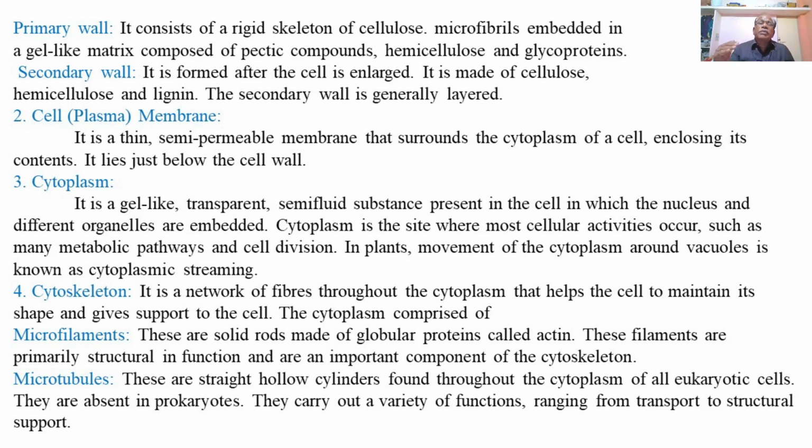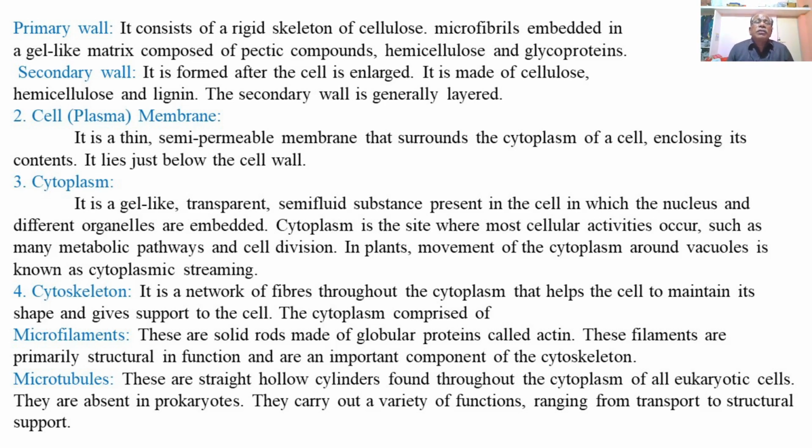The outer covering of the plant cells is the cell wall, and then just inner to the cell wall there is the cell membrane or plasma membrane, which is a thin semi-permeable membrane that encloses the cytoplasmic contents of the cell.